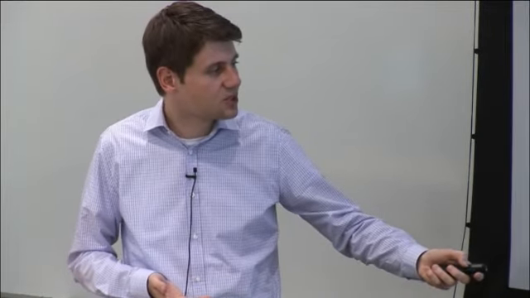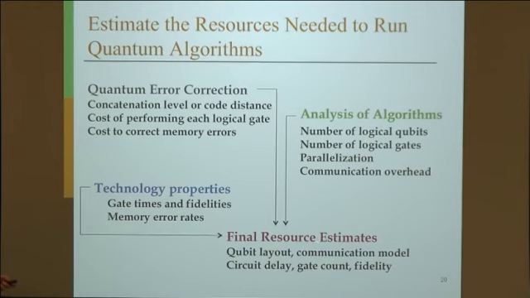For the quantum technologies, we will consider the gate times and fidelities and the memory error rate on qubits that sit idle in the system. And we will also consider properties of the four basic families of error correcting codes: Bacon-Shor, Steane, C4/C6, and the surface code. And all this information feeds into our resource estimation tool that produces a qubit layout, and it estimates the circuit delay, gate count, and the fidelity of the entire computation.